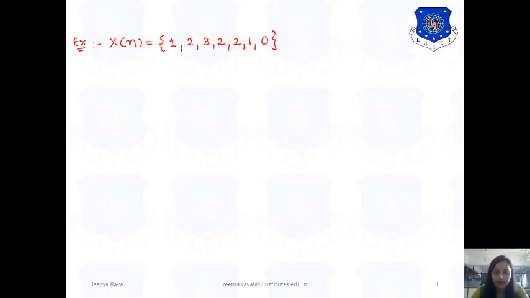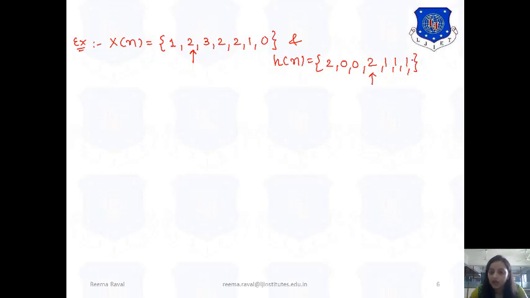Here the arrow is at second position and h of n given to you is 2, 0, 0, 2, 1, 1, 1. Okay, here arrow is at this position. Okay, so as you can see, the length of x of n is 1, 2, 3, 4, 5, 6, 7. Here the length is 1, 2, 3, 4, 5, 6, 7. That means of equal length.